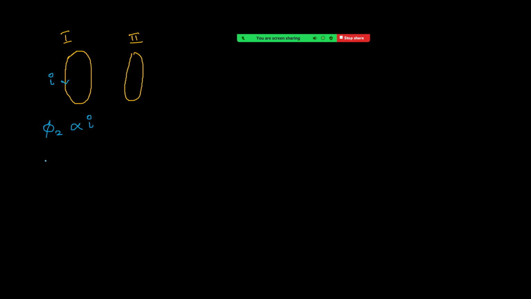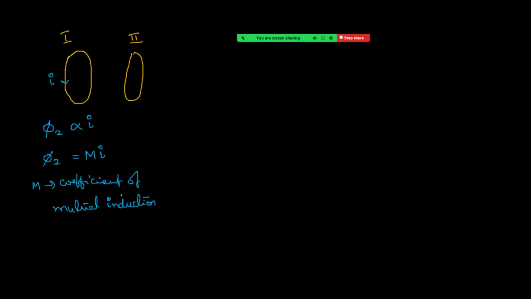If I want to replace the proportionality with equality, then we should write a proportionality constant, that is M, where M is known as the coefficient of mutual induction.